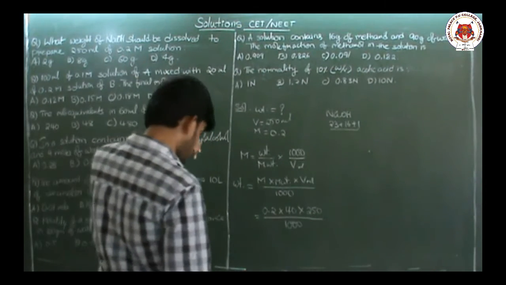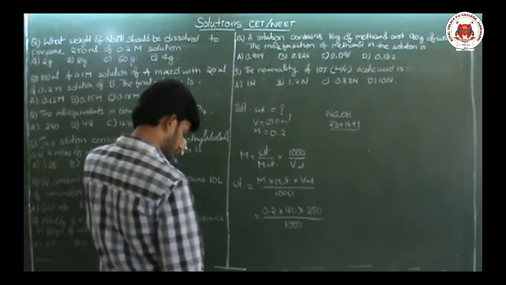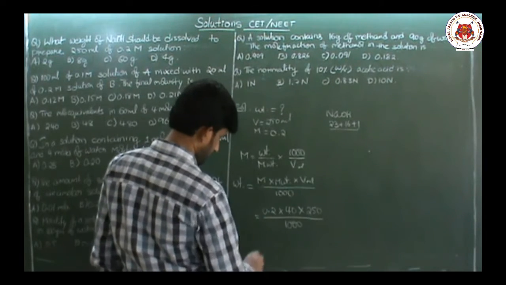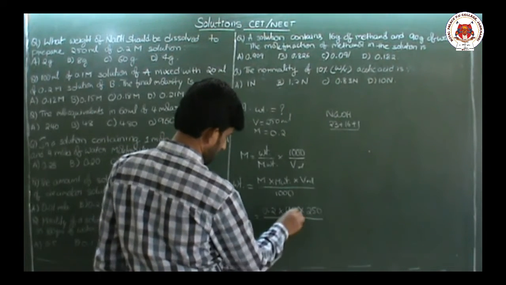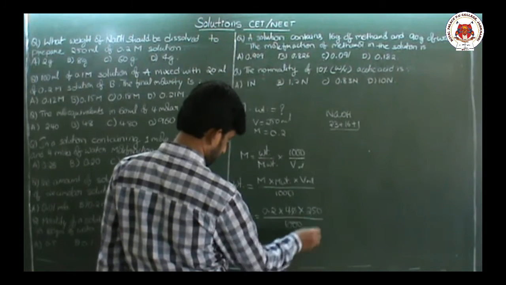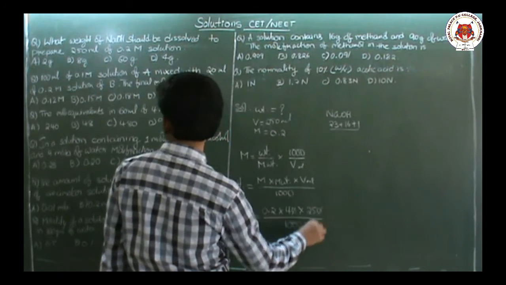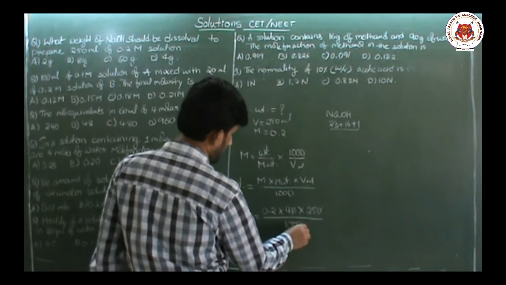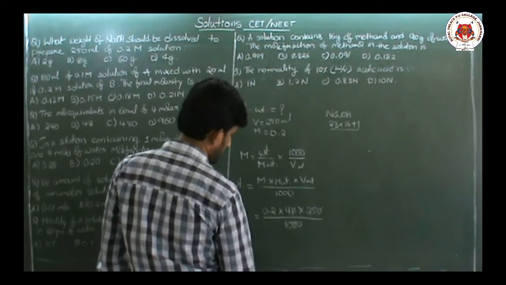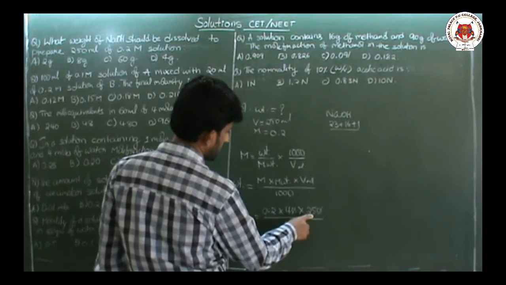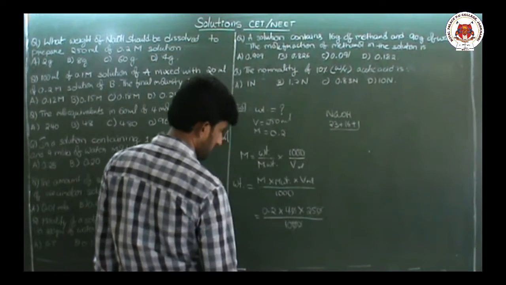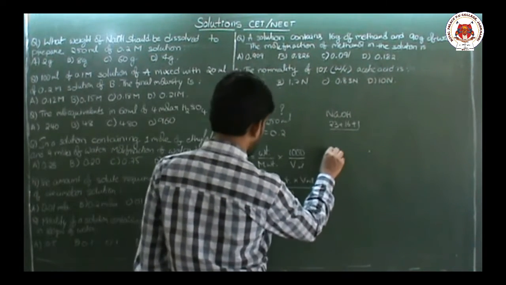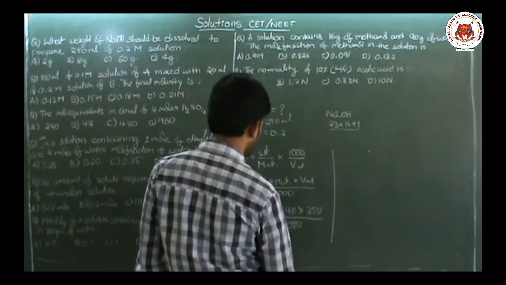Now this 0 and this 0 you can cancel. And this cancelled. So this is 25 into 4. Okay, 25 into 4 is 100.